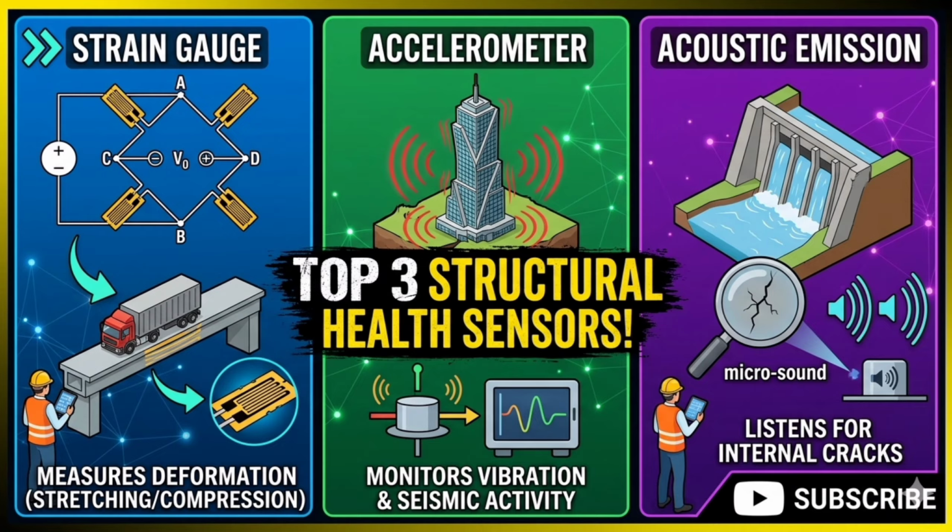Second one, you can monitor vibration and seismic activity. In tall buildings, especially very big mega structures, if you install such devices, then even a very small level of earthquake, any minute changes in the strain, will be detected by this device, right?